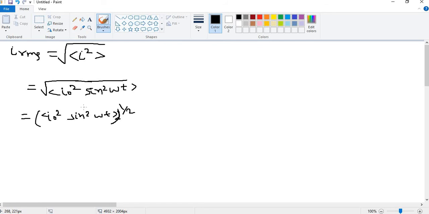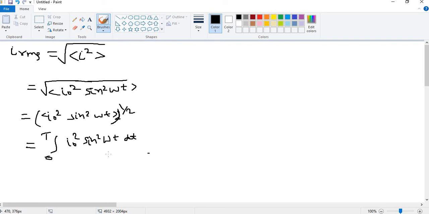Now if we remove the mean, we have I naught square sine square omega t. We have seen the same in the previous case. If any function depends on time, then we have the formula as integration of I dt by integration of dt. So we will use the same formula. From 0 to capital T, the integration of I naught square sine square omega t dt, correct?